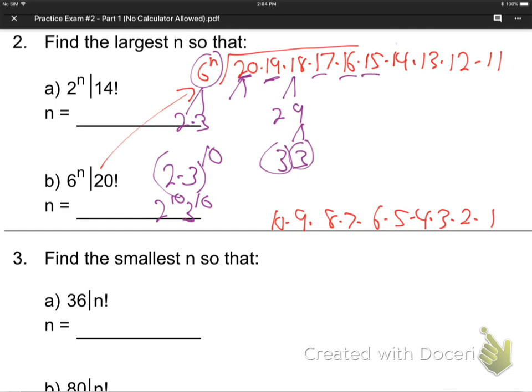Does 3 go into 15? Yeah. What's in 15? 3 times 5, so there's another 3. So far we've got 3 3s on that right side. Everybody see what I'm doing?